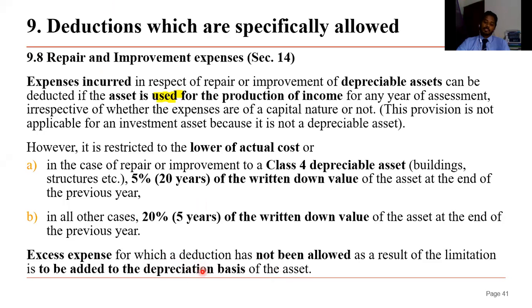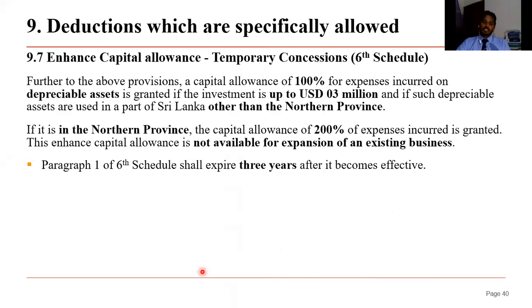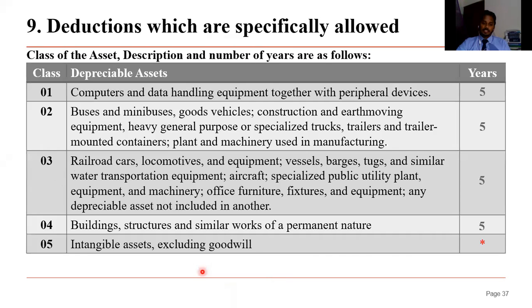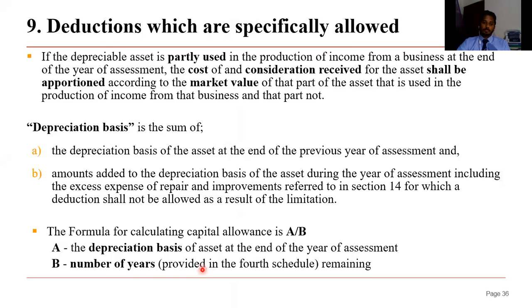We call it the depreciation basis. Normally we discussed it in the previous slide; you can refer to slide number 36. The depreciation basis normally includes the cost of the asset or the WDV.